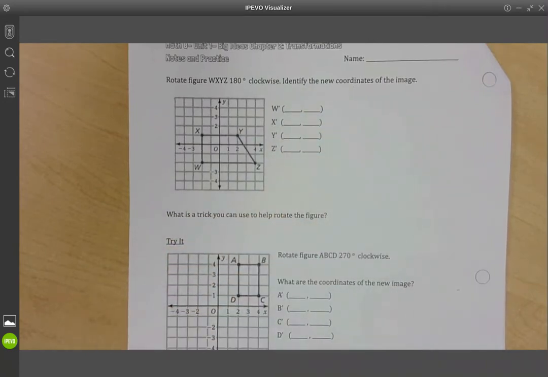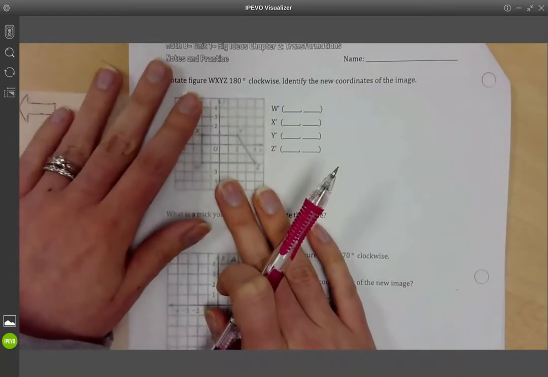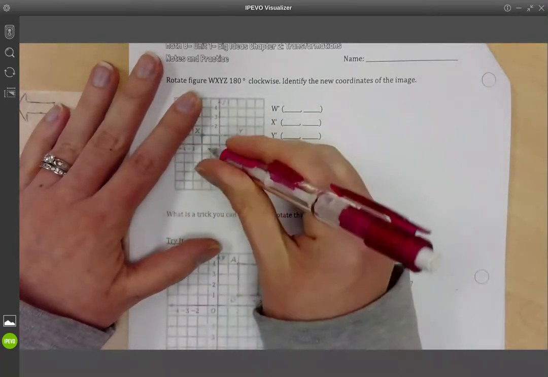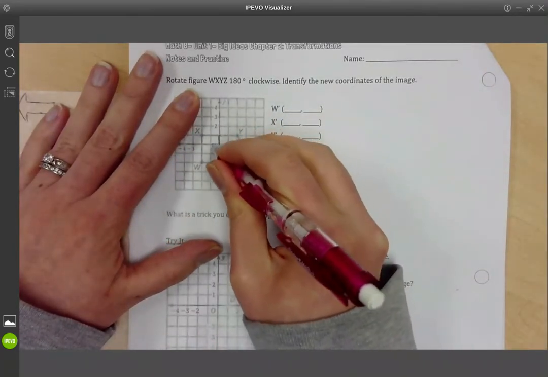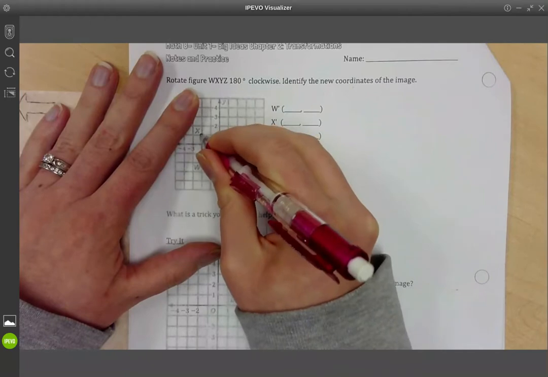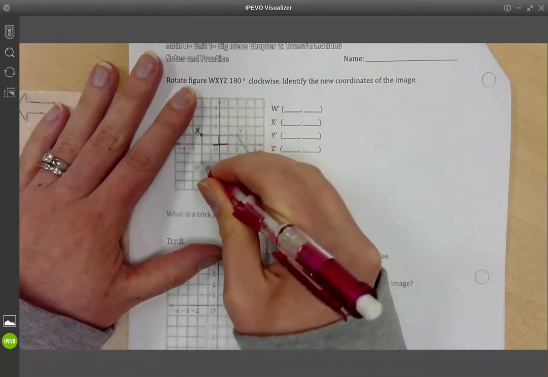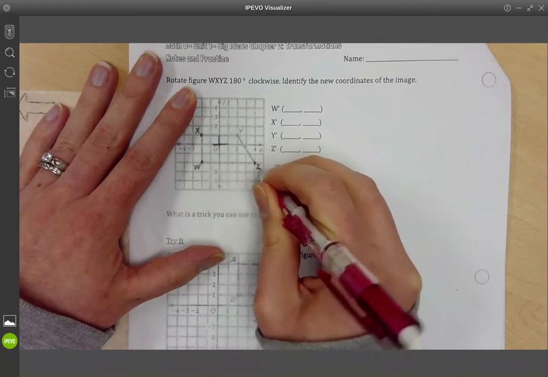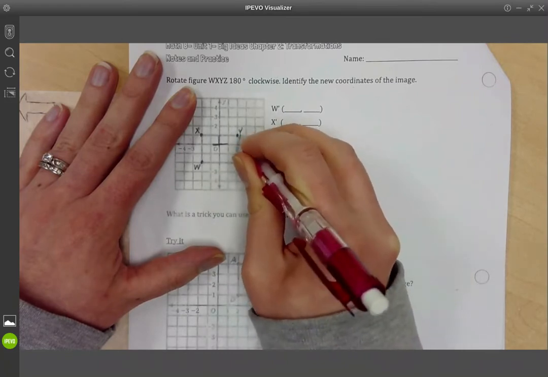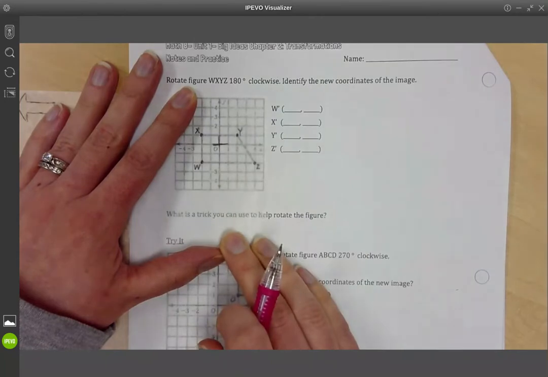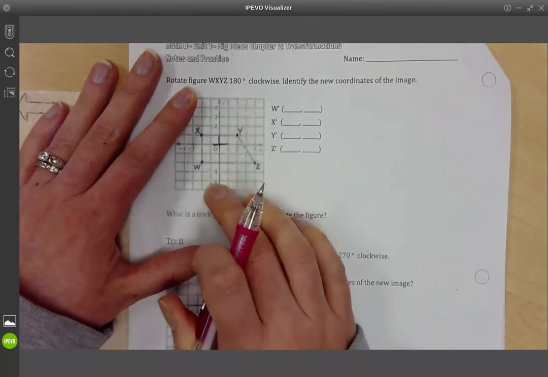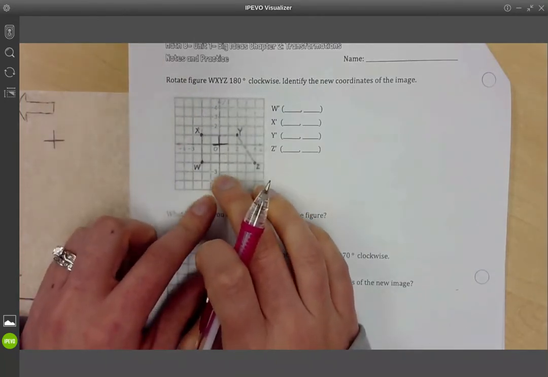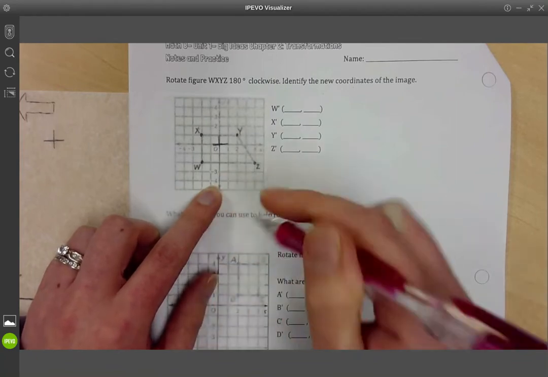So just like before, we're going to start by drawing our origin. We're going to draw in our vertices. I don't usually bother with the whole shape because I just need to know where those dots are so that when I draw the new shape, I know where to place those dots. And then I can draw the lines in later.